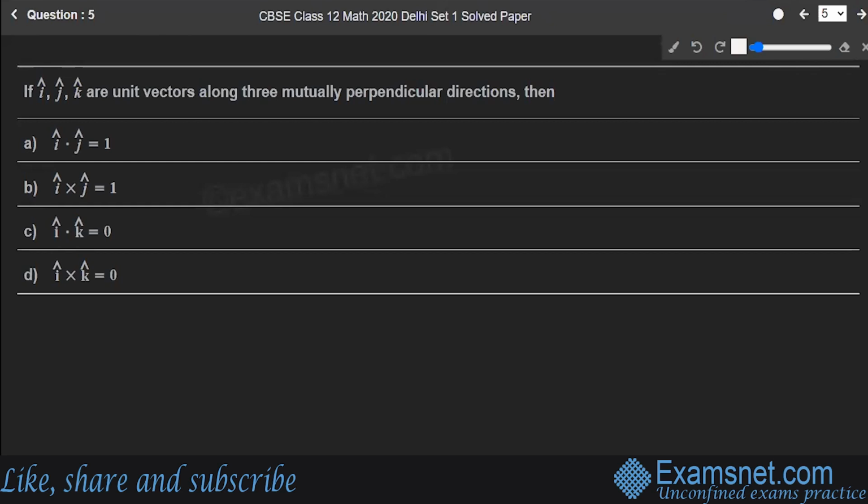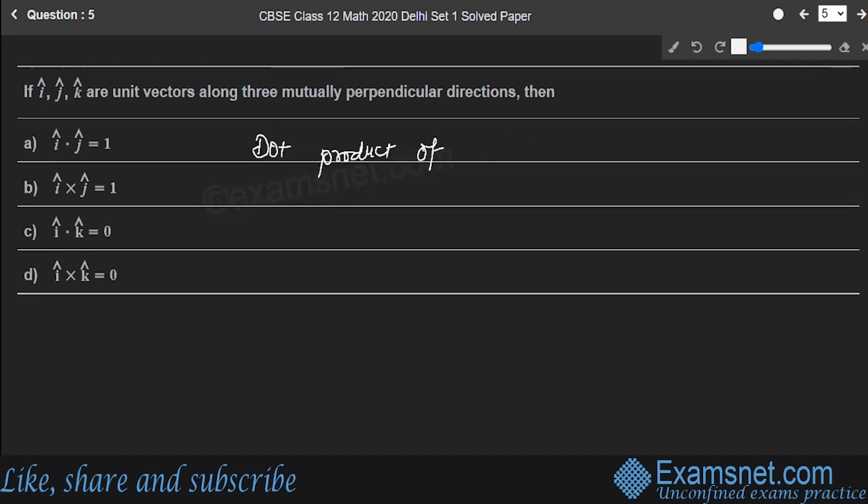Question number 5, if i, j, k are unit vectors along 3 mutually perpendicular directions, then which of the following is true? You are given i, j, k are vectors mutually perpendicular to each other. If these vectors are perpendicular to each other, that means their dot product is equal to 0. Why is that?